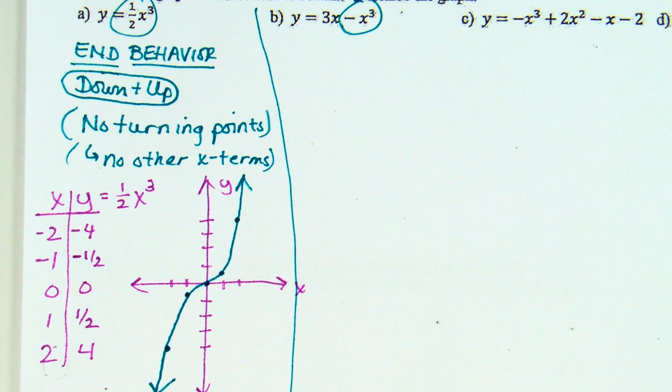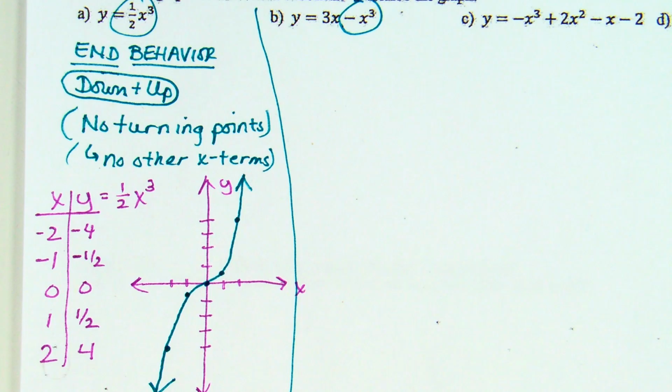Here's my connection. What does a negative in front of a parabola do? It was up and then it goes down, right? So a negative x cubed does that too, and again, we'll get a picture in a moment.